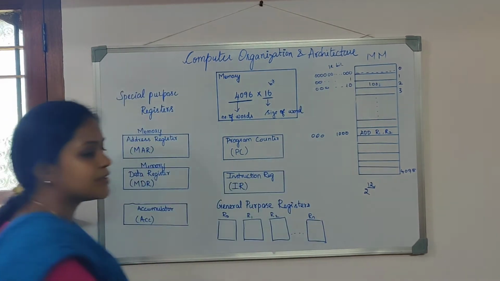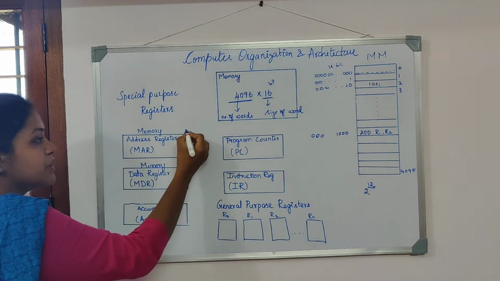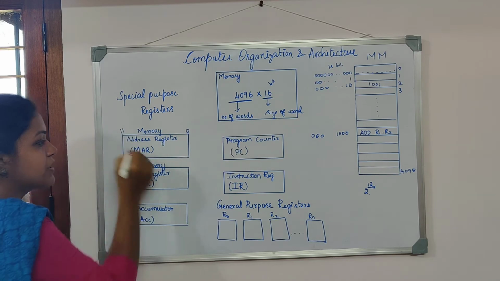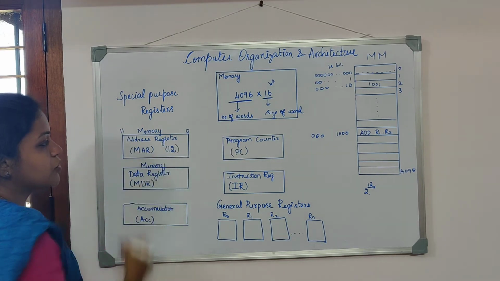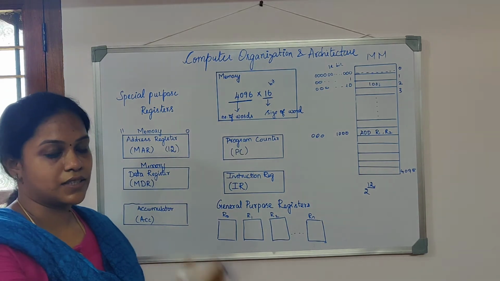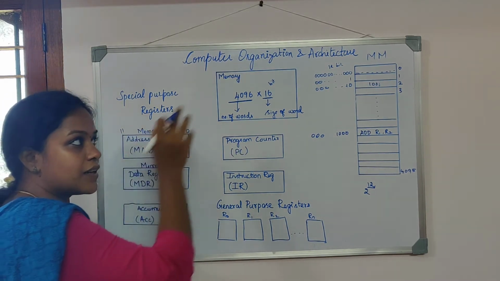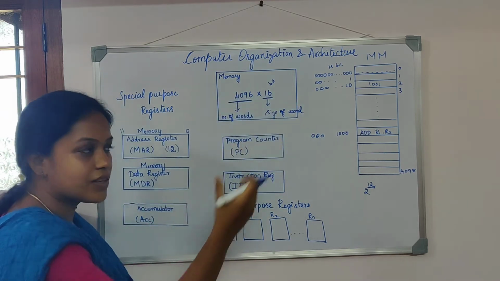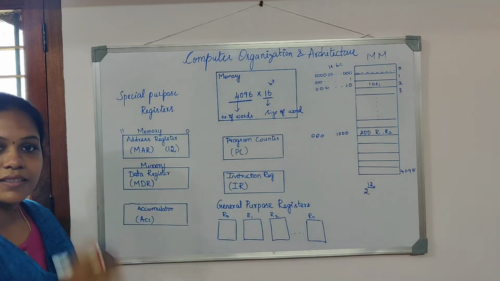So that's the size of the memory address register for this example, which means from bit 0 to bit 11, a total of 12 bits. It is used to store the address so that it can go and pick the data and instruction from the main memory. So that's all about the memory address register.